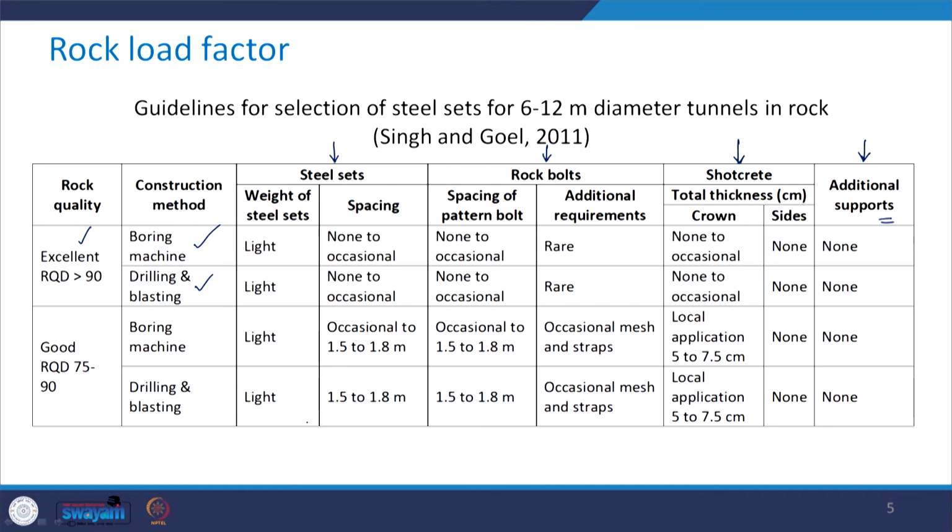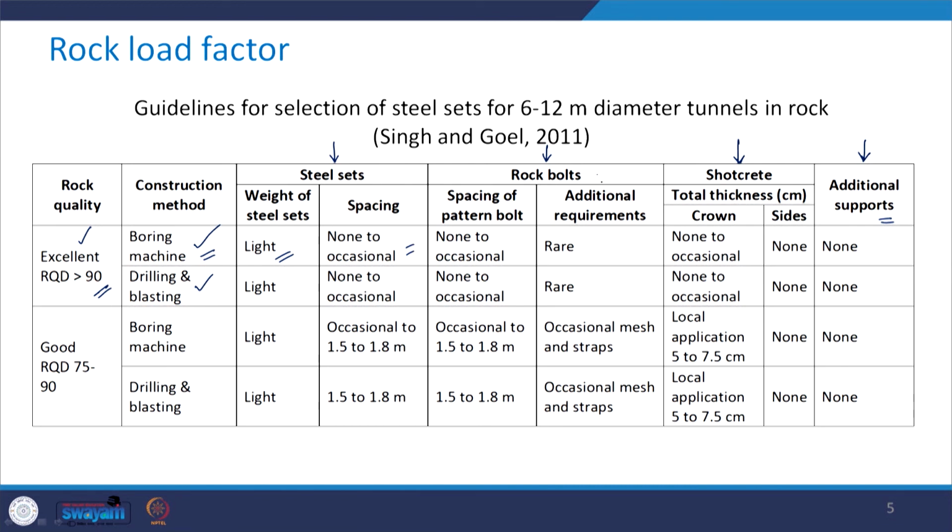Let us come to the first type of rock quality, which is excellent. The first row corresponds to excavation made by a tunnel boring machine. In this case lightweight steel sets are to be provided and the spacing is none to occasional.